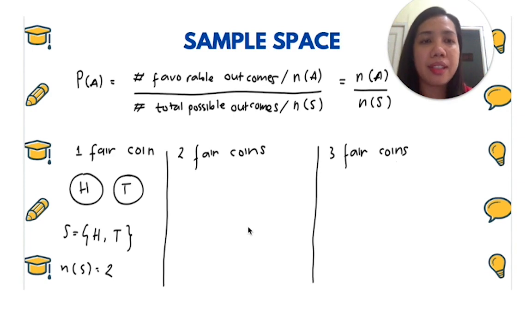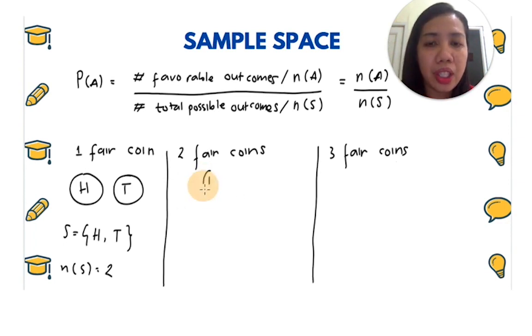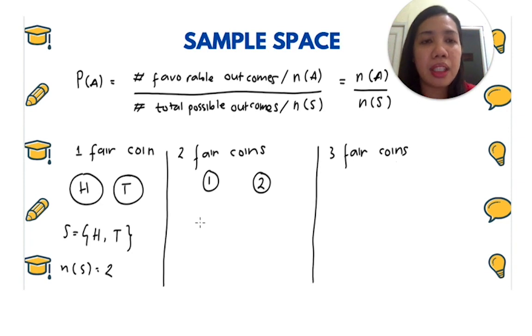To solve this, we're gonna use a tree diagram. I'm gonna put all possible outcomes of the first coin here, and then all possible outcomes of the second coin here. When we toss two fair coins, in the first coin we have two possibilities, head and tail. Let's say in the first coin we get a head.